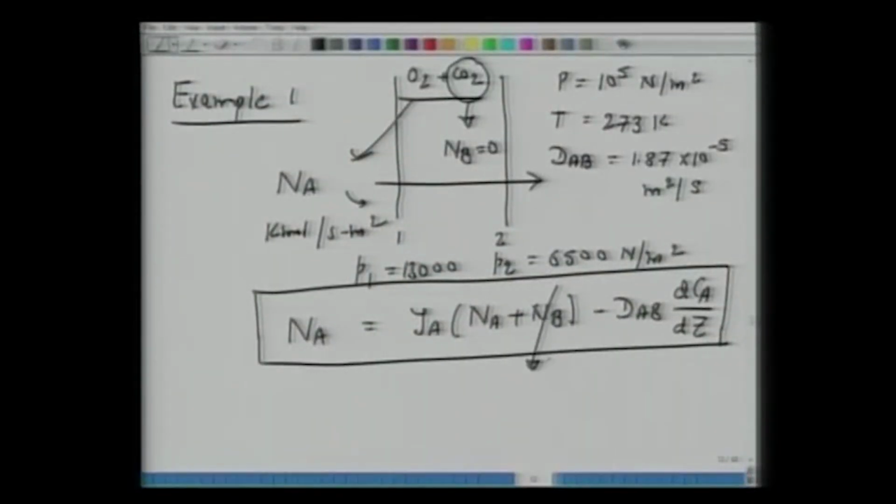Since N_B is 0, we have a simplified expression. We can always write C_A in terms of partial pressure as P_A over RT. So, this C_A can be substituted and one can integrate this equation. The idea is that either you start from here, or you start from the integrated equation which we had derived and simplified earlier.